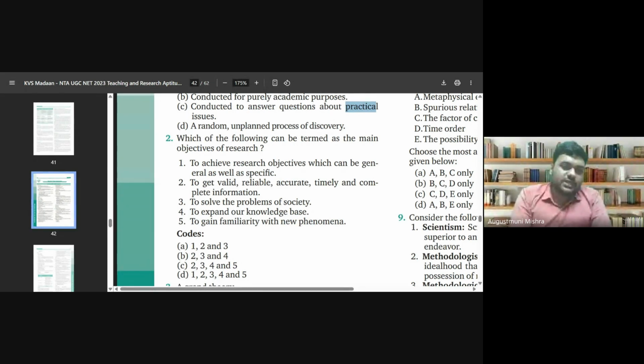Most of the participants are saying D. So yes, D is the correct answer, because whenever we are talking about the main objective of research, all these objectives come under it. To achieve research objectives, which can be general as well as specific, that is the need of research: to get valid, reliable, accurate data, to solve the problems of this space, to gain familiarity with new phenomena. Definitely they are the correct answer.